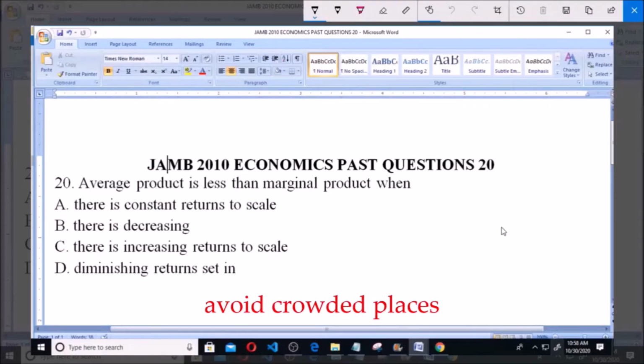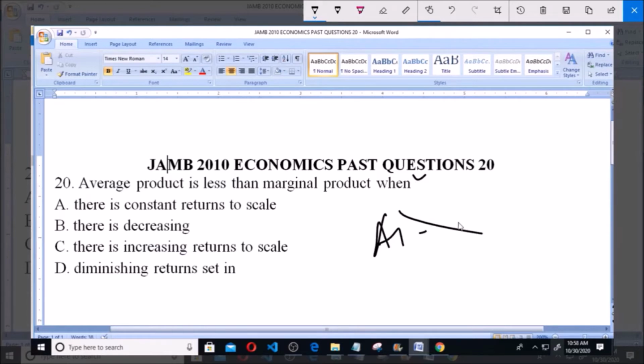Hello, Jamb 2010 economics question number 20. Average product is less than marginal product. AP is less than MP. So when?